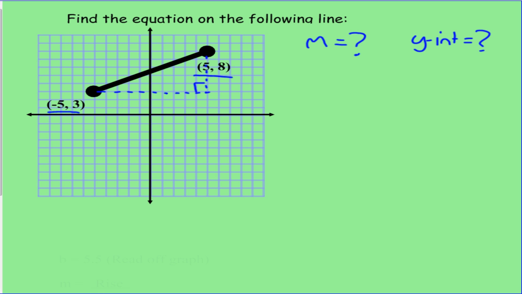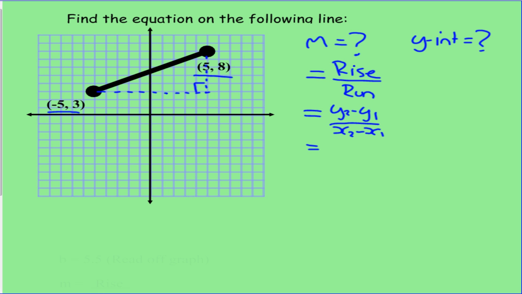What is that? The gradient is, as many of you will remember, rise divided by the run. Putting it in a more coordinate friendly form, it is y2 take y1 divided by x2 minus x1.